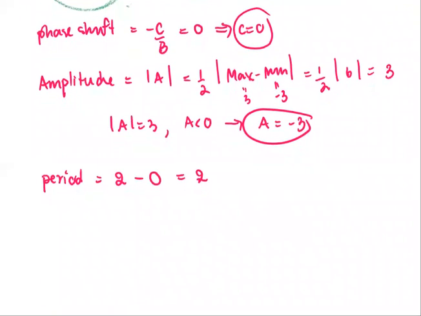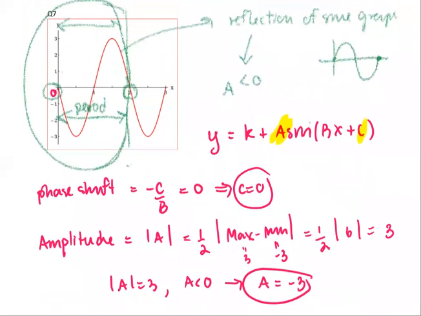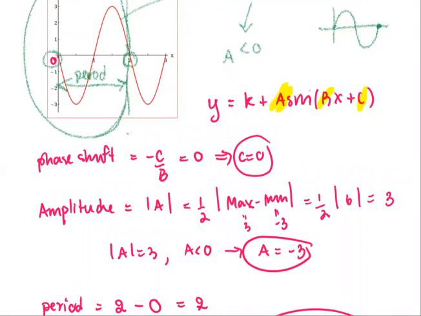To compute the period, we use the formula 2 pi divided by b, equated with the value 2 that we obtained from the period of the graph. Solve for b, so b equals 2 pi over 2, or the value pi. Value b is taken care of.